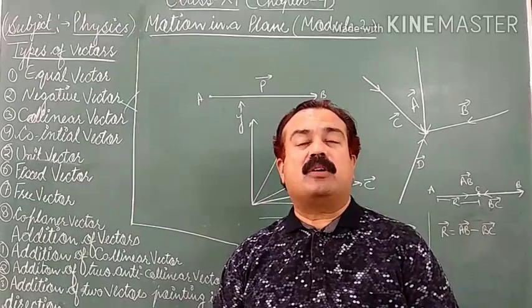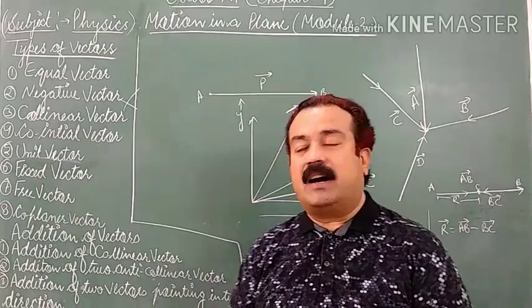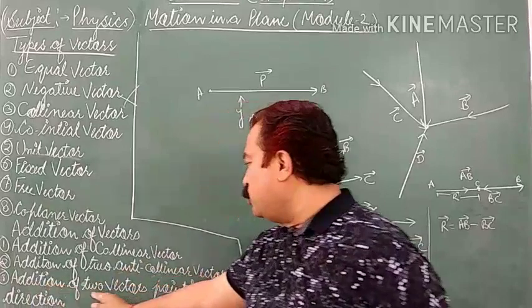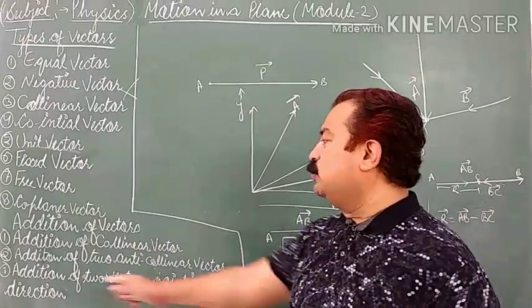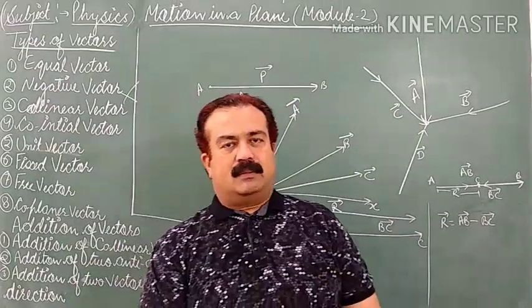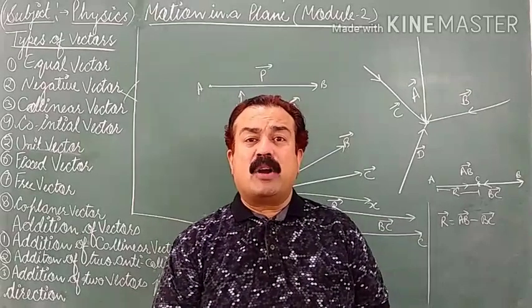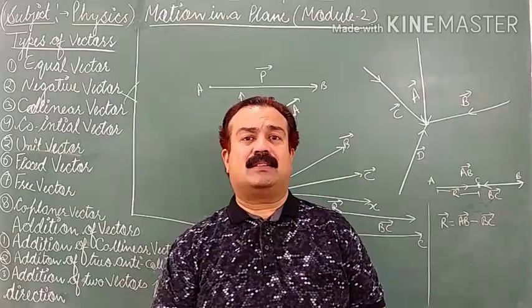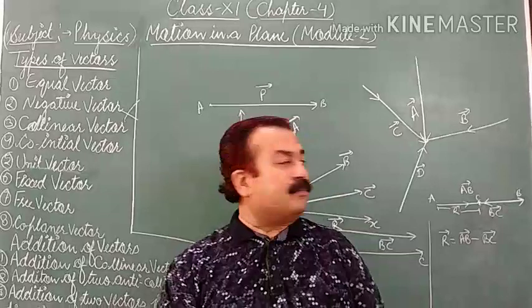Now the very important addition of vectors. Addition of two vectors pointing in two different directions. If two vectors are pointing in different directions, how can we add them?